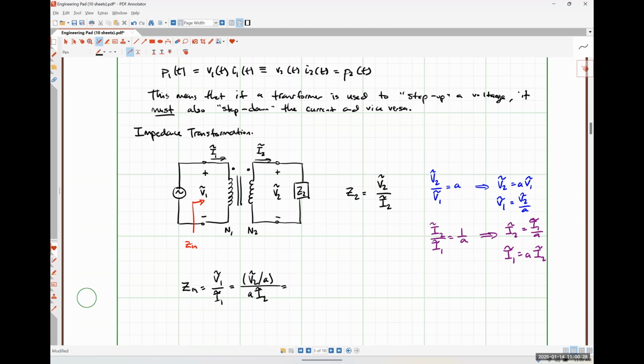And now that V2 over A effectively puts an A in the denominator, I would have 1 over A squared multiplied by the ratio of V2 over I2, or 1 over A squared times Z2. So that is the impedance seen looking in. This is the reflected impedance, which we typically denote as Z2 prime.